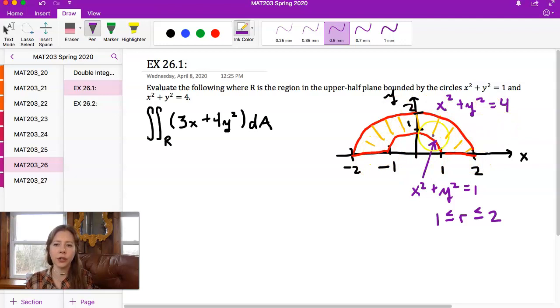In terms of pi, here we'll be going from 0, 1/4 of the way around is pi over 2, and 1/2 the way around is pi. If we were going all the way around, we'd be going from 0 to 2 pi, but we're not. We're only looking at the upper half plane, so we're looking at half a circle. So for theta, we're sweeping out from 0 to pi.